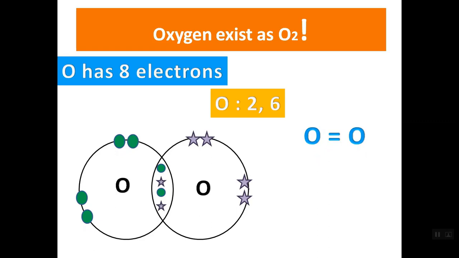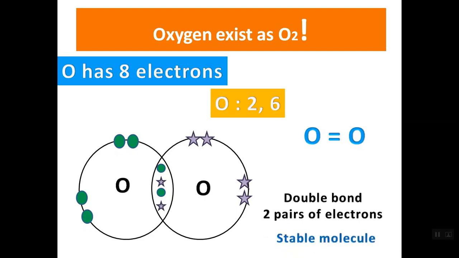The formula of oxygen is O2, but when we draw the formula, it looks like this. Here we have the double bond, 2 pairs of electrons forming two bonds. So this is stable.